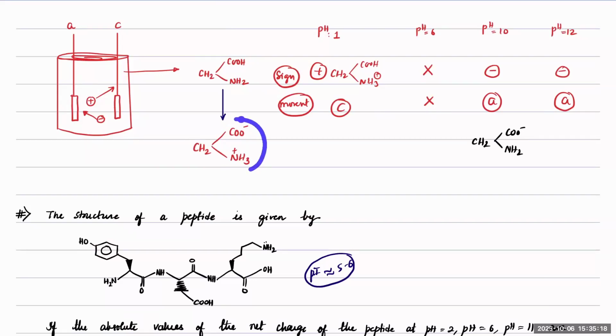Now, this zwitterion does not move to the cathode, it does not move to the anode, as long as it exists mainly in the zwitterionic form only. Got it? That means when will it stay there? When the pH of the solution is the same as its pI value.